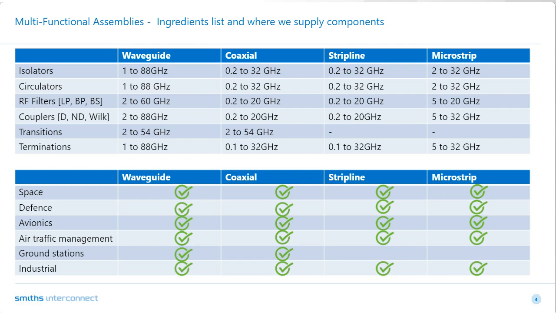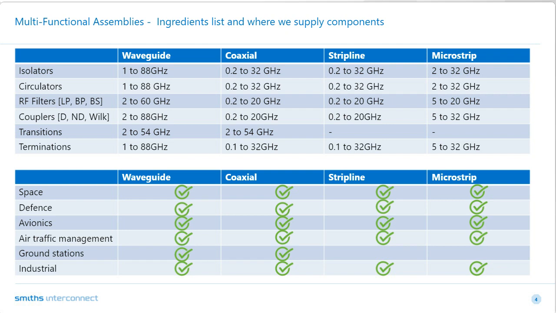And in the slide on your screen, what I've tried to do is look at the main functions that we can integrate. So that's isolators, circulators, filters, etc. And the different topologies, waveguide, coax, strip line, and microstrip, and put our experience, and by experience I mean products that we've supplied into at least one industry in terms of frequency.